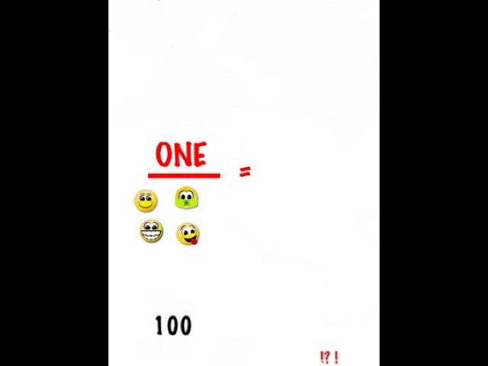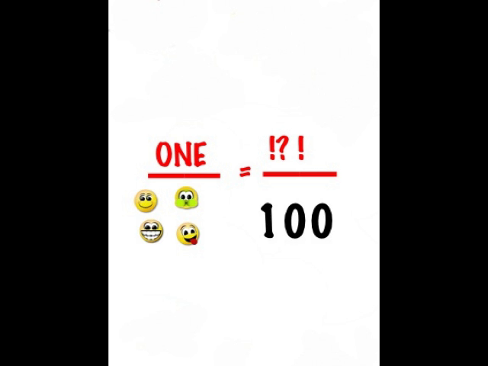That's what we're looking for. So 1 out of 4 is equal to what? It's equal to a number that's going to be proportional to the 100 pennies, you see. So 1 out of 4, 1 share for 4 guys, is equal to what out of 100?